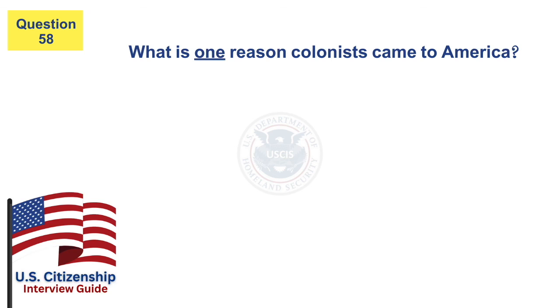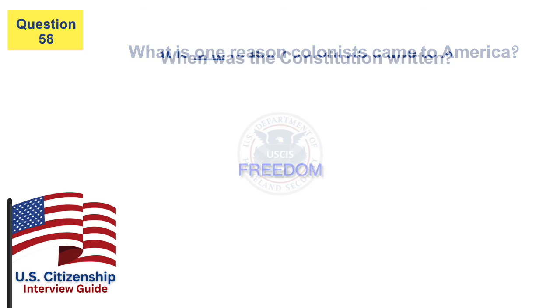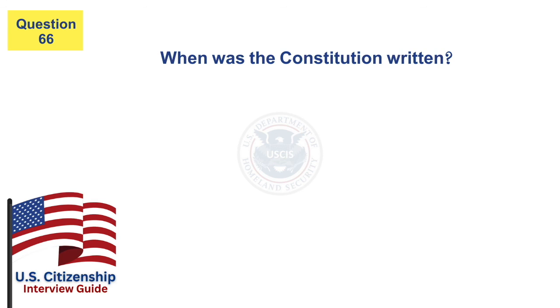What is one reason colonists came to America? Freedom. When was the Constitution written? 1787.